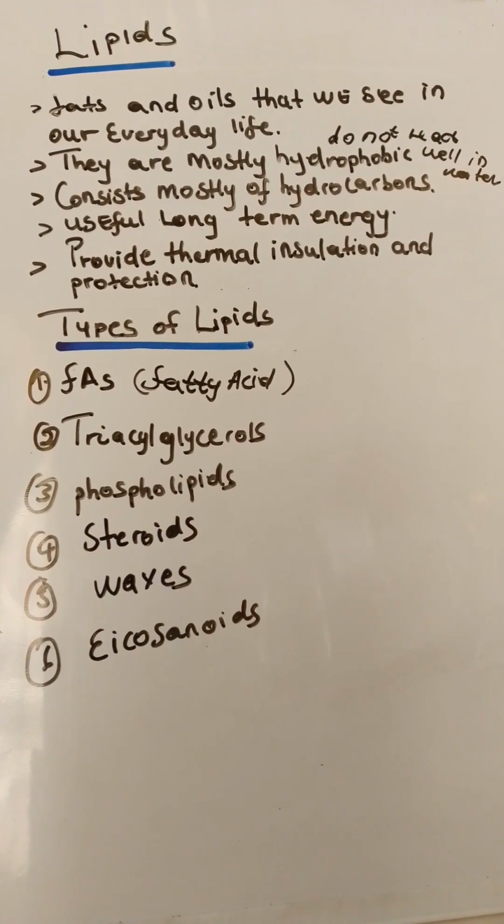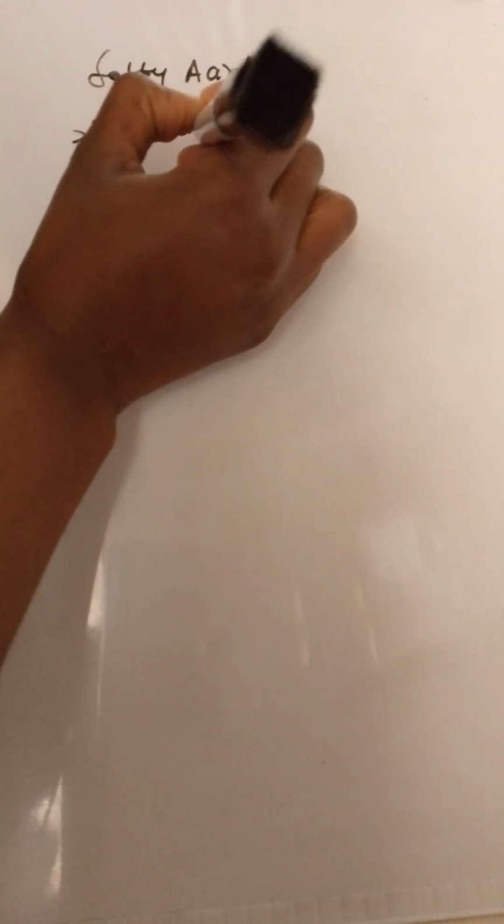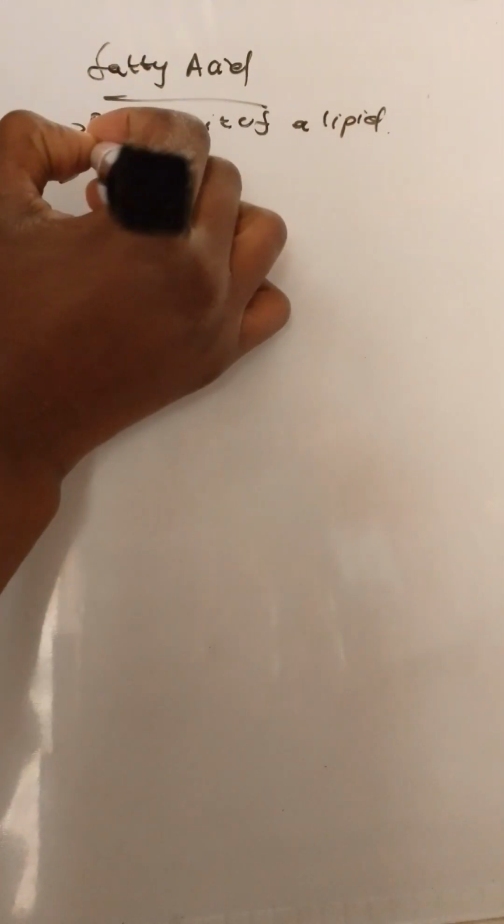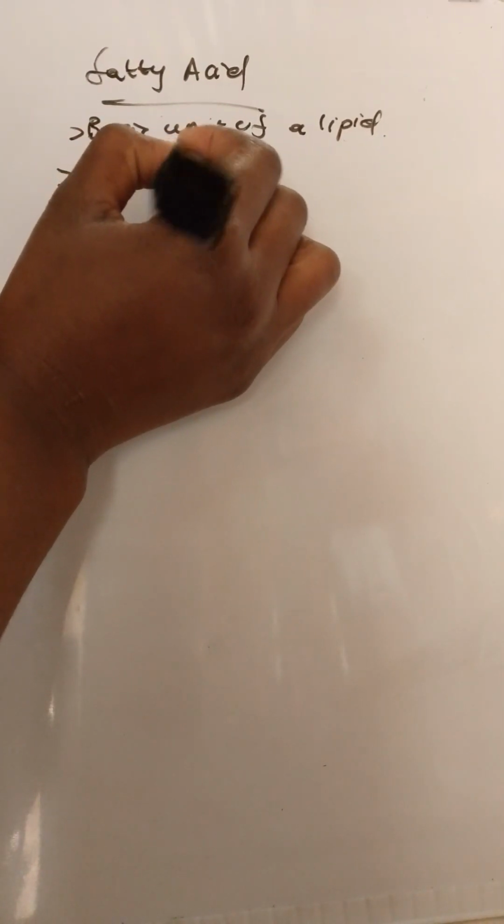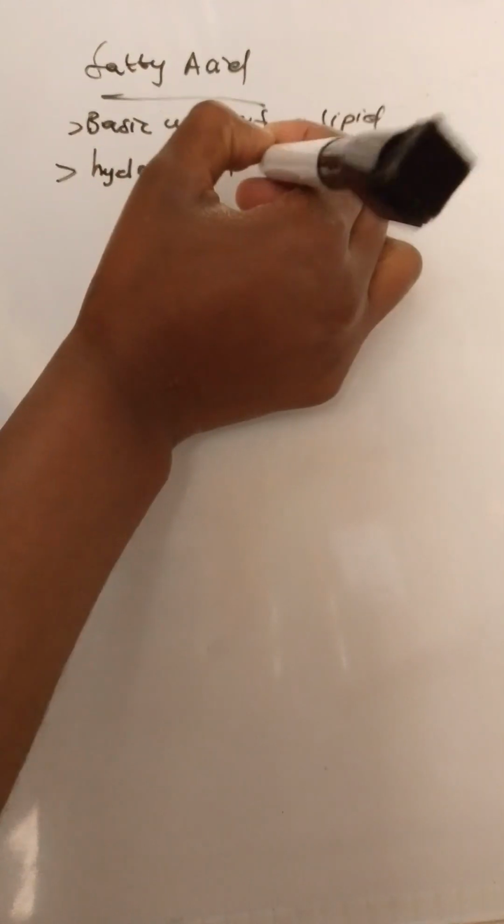We have firstly the fatty acid. A fatty acid is a lipid, the basic unit of a lipid. The fatty acid consists of both a hydrophilic and a hydrophobic part.